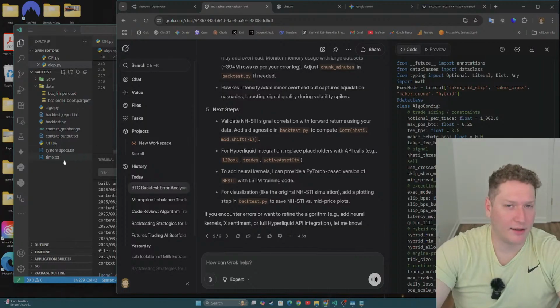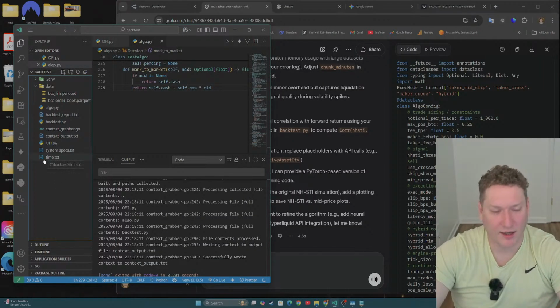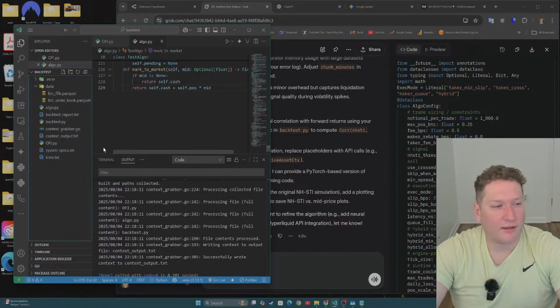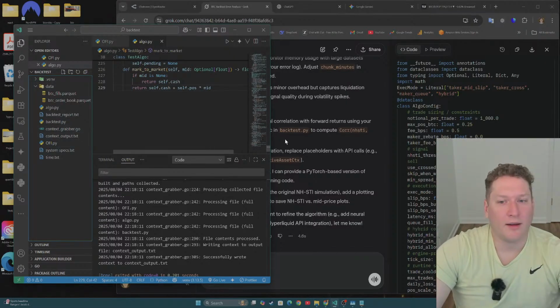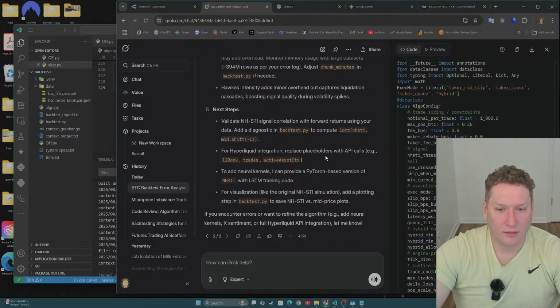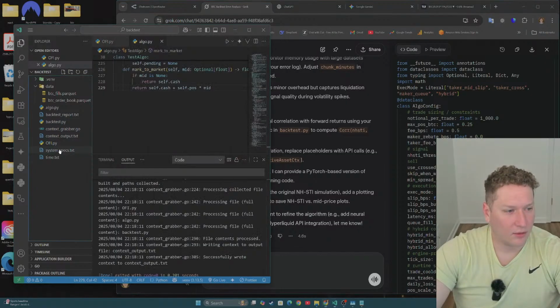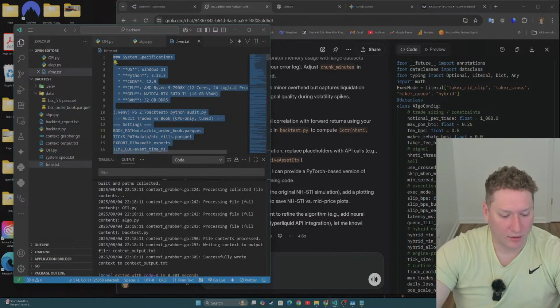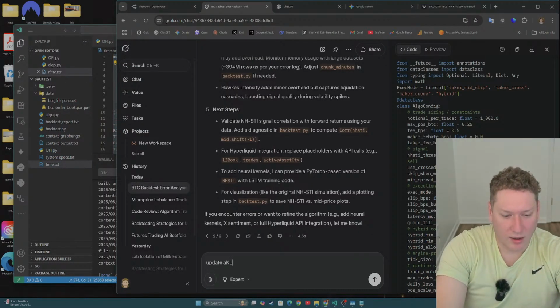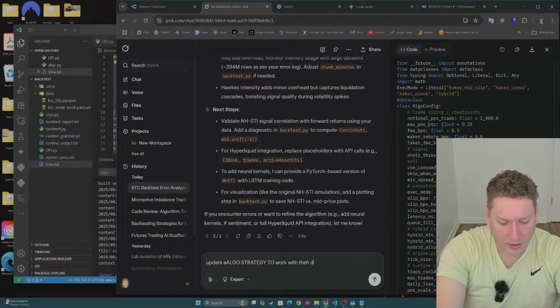So it kind of went in deep. Sometimes when you say make me a strategy, it's gonna take in data that we don't necessarily have. It says add neural kernels so I can provide a PyTorch based version. So I'm actually going to just say, hey, update Algo strategy to work with the data I have only.